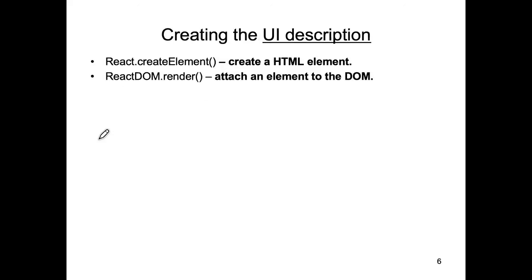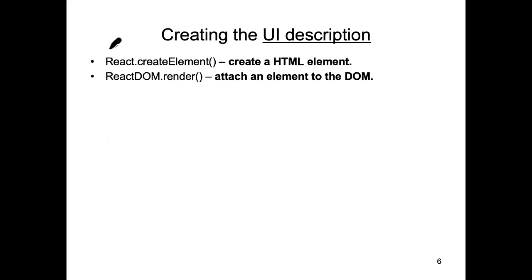So we're narrowing it down now. We're looking at how we create a UI description using the React framework. The React framework is broken up into a couple of different modules or packages in the Node terminology. There's two in particular. There's a package called React, and there's another one called React DOM.